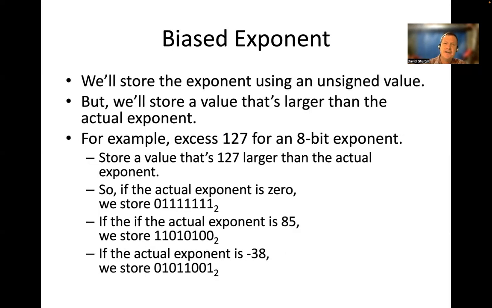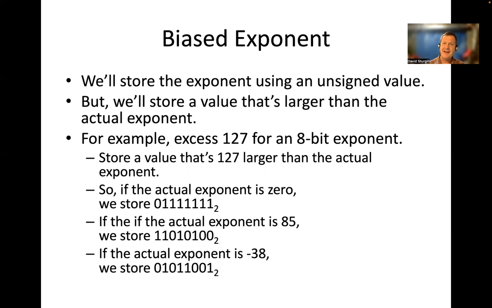It uses a trick. So for the exponent part of scientific notation, it uses a trick called a biased exponent as a way of handling positive or negative exponents. And at least for an 8-bit exponent, what that means is to store the exponent, if your exponent is 7, let's say, you're not really going to store a 7.